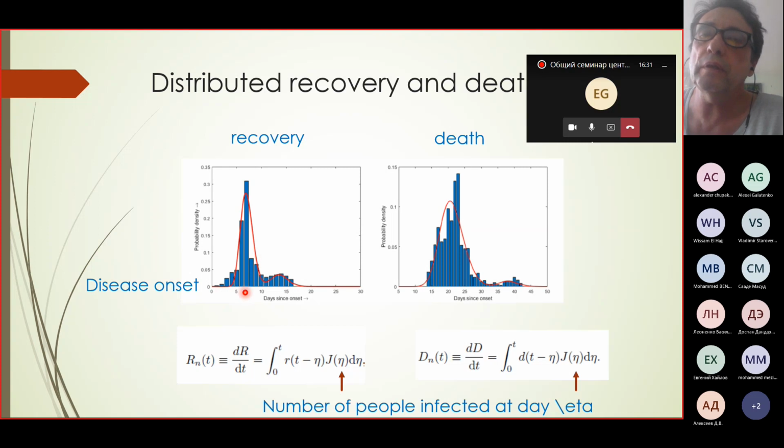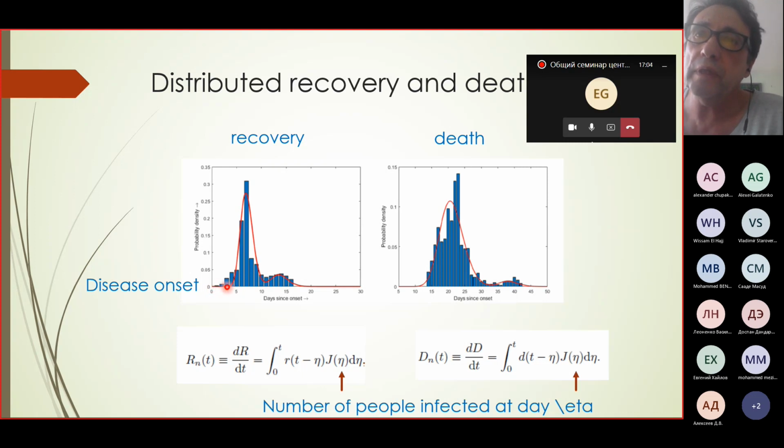In particular, these data are taken for this COVID-19 disease. So if we take all people who were infected at day 0, there is some distribution shown here, which shows us the percentage of probability to recover a certain number of days later after these people were infected.